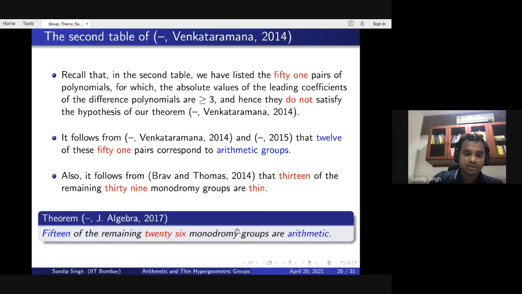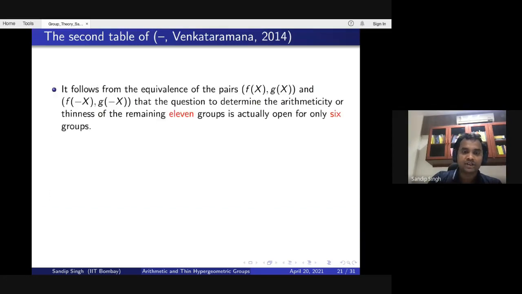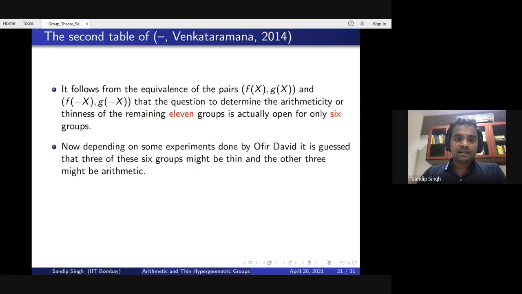And then I showed that 15 of the remaining 26 monodromy groups are arithmetic. So 11 are still remaining. It follows from the equivalence of the pairs f(x), g(x) and f(-x), g(-x) that the question of determining the arithmeticity or thinness of the remaining 11 groups is open only for 6 pairs. Depending on some experiments done by David, it is guessed that 3 of these 6 groups might be thin and the other 3 might be arithmetic.